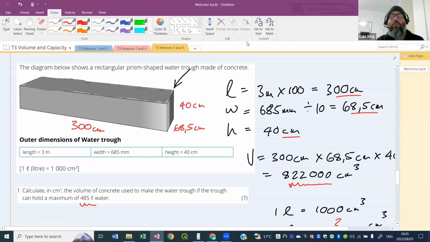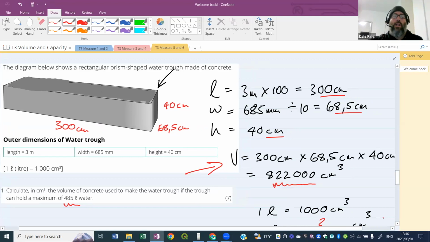Now, if I asked you to determine the volume of this concrete block, you would all go to this formula. You'd pull out the volume formula. Volume is equal to length times breadth times height. You'd sub in all the centimeter values, and you would give me an answer of 822,000 centimeters cubed. That is the volume of this rectangular prism, this concrete block. Okay. You would all be able to do that.